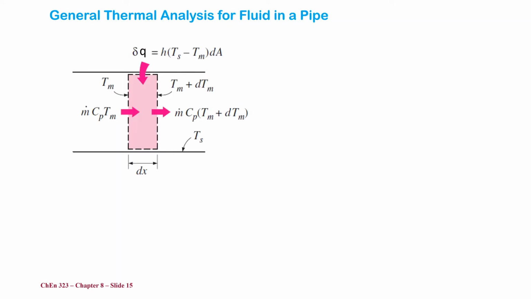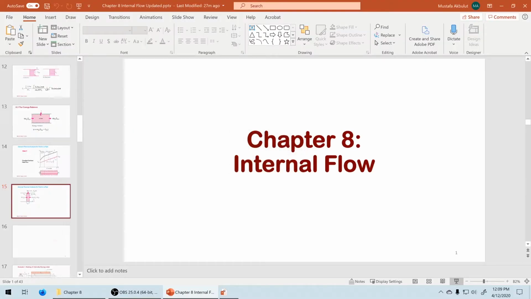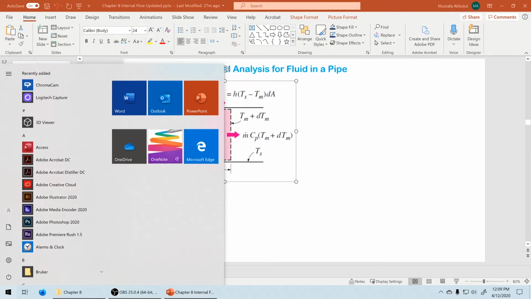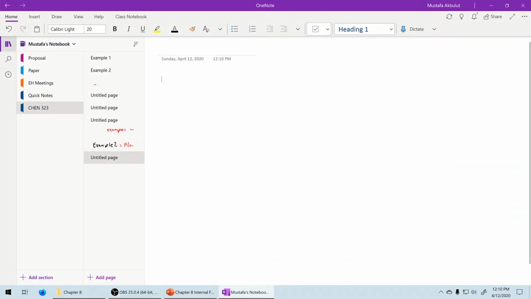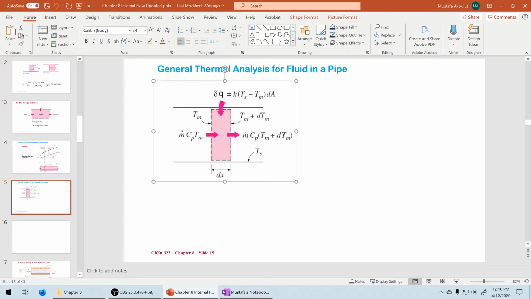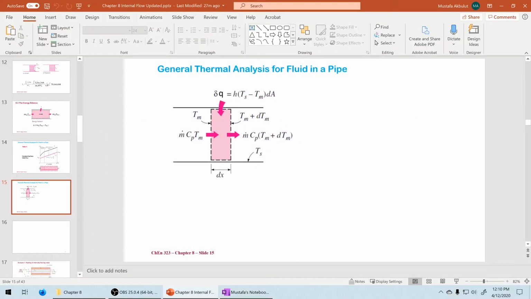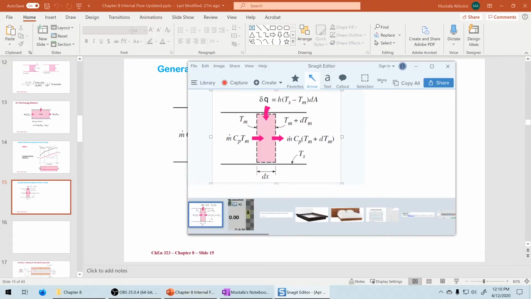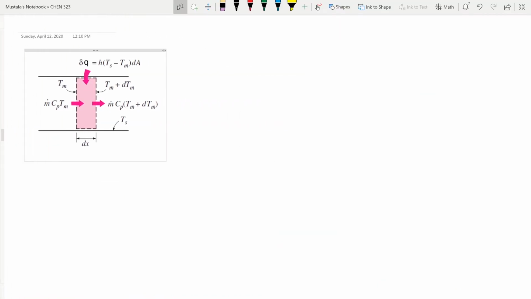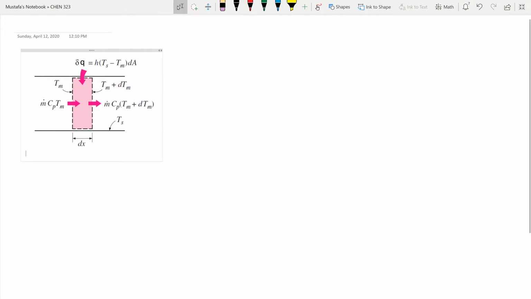So now let's go through the analysis here. This is going to be a lengthy derivation, so let's go through it.